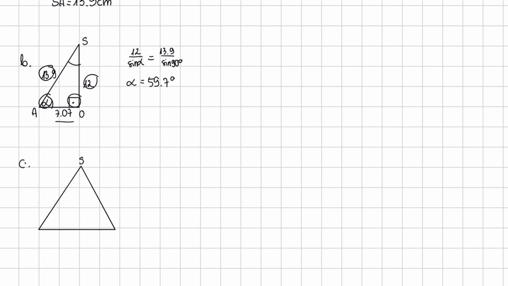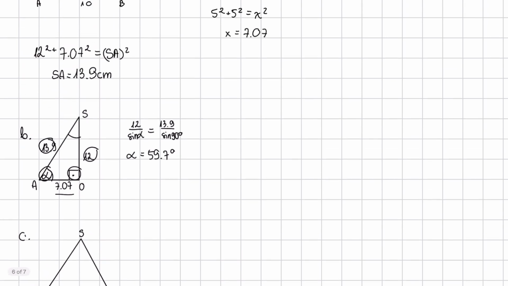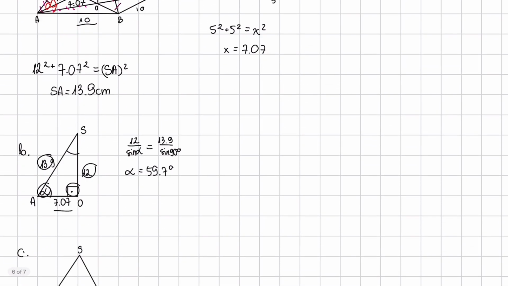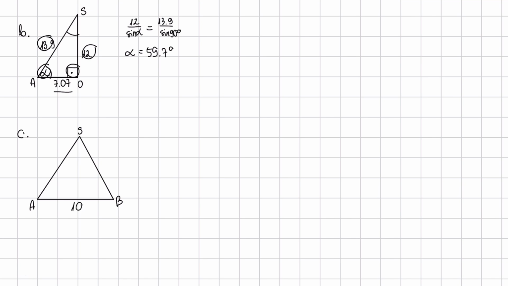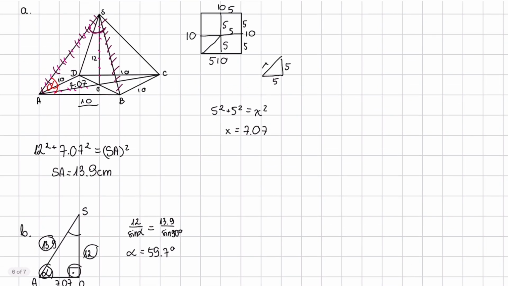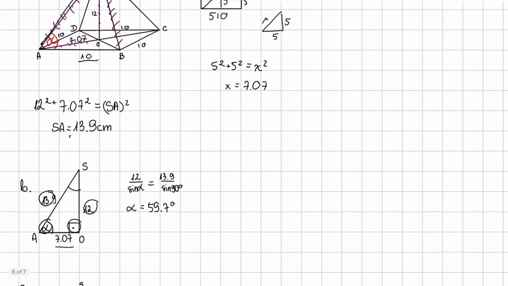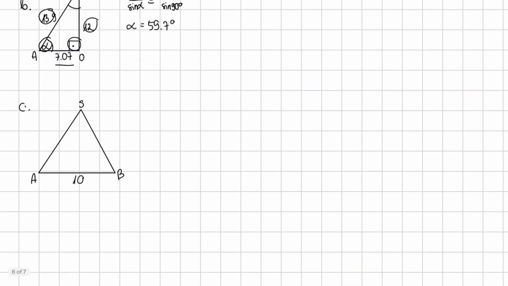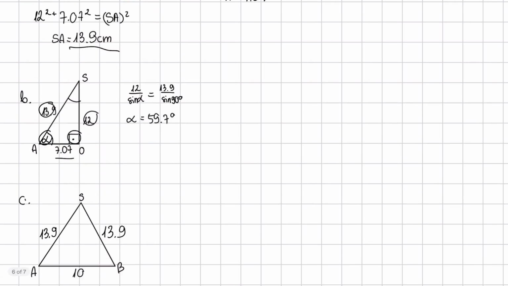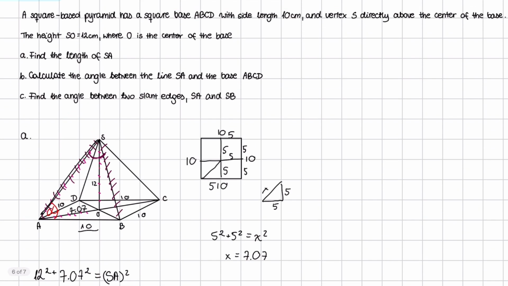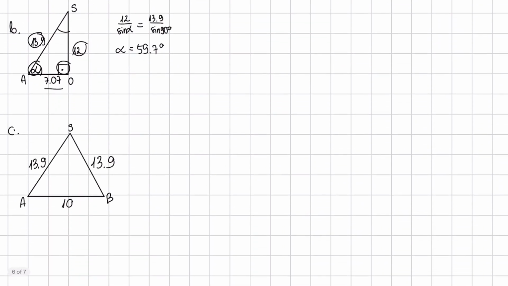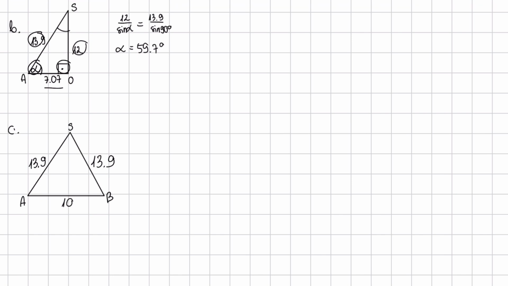So here we have S, here we have A, here we have B. We know that here we have 10, so it stays the same. Here SA is 13.9, and here the same value, because this is a square-based pyramid, so the slant edges are the same. So this is our triangle, and we have to calculate this angle.